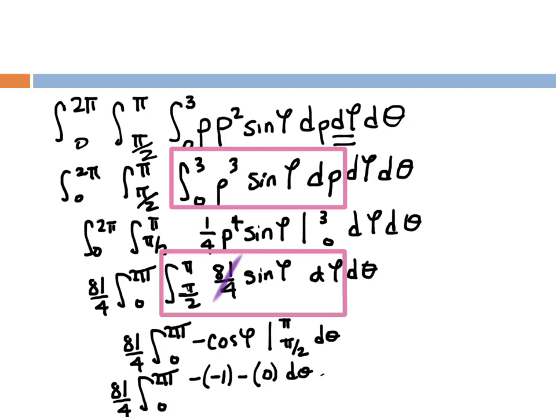Alright, so we're going to go to the next slide. I'm running out of space on this one. So now we're going to have 81 over 4 integral from 0 to 2 pi of 1 d theta.